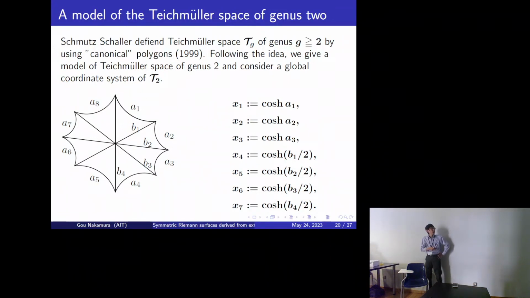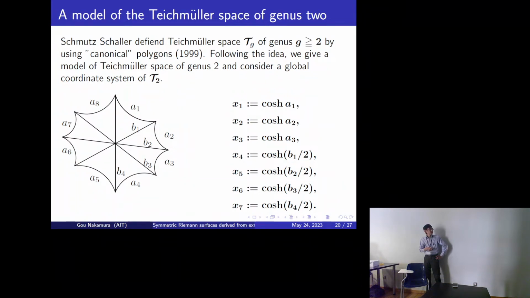And we introduce 7 lengths from x1 to x7 like this. x1 is the hyperbolic sine of a1, x2 is the hyperbolic sine of a2, and x3 is that of a3.